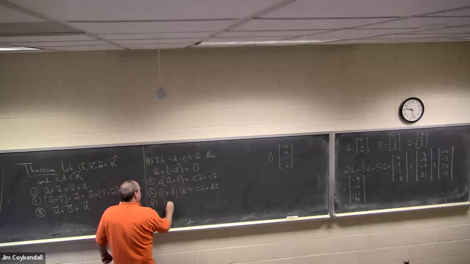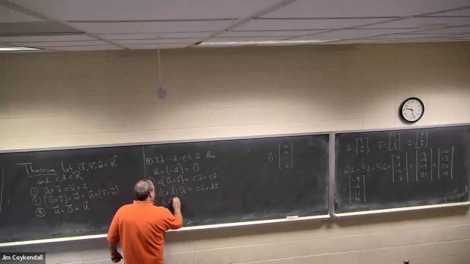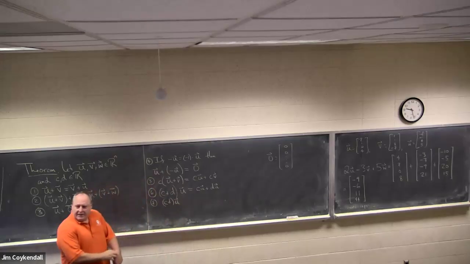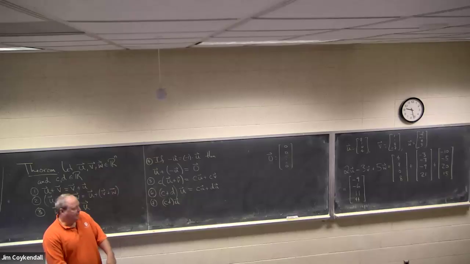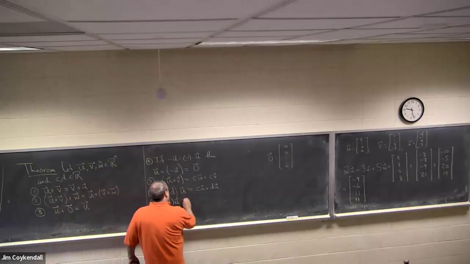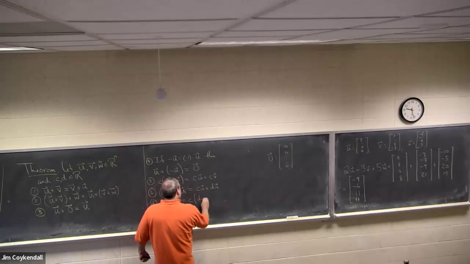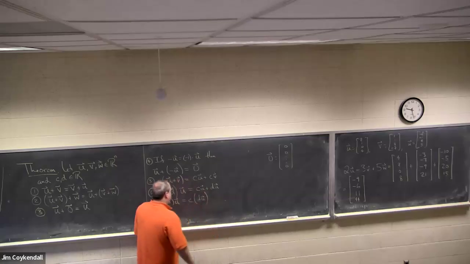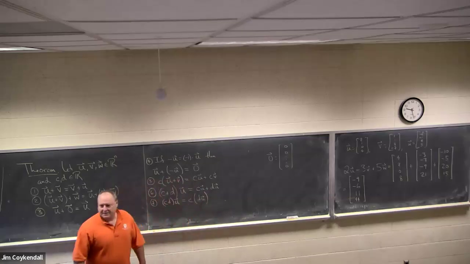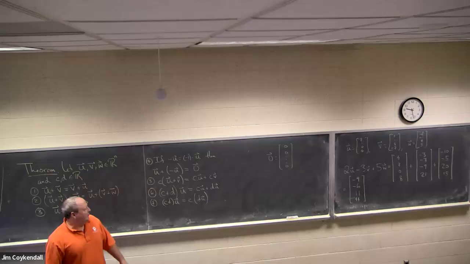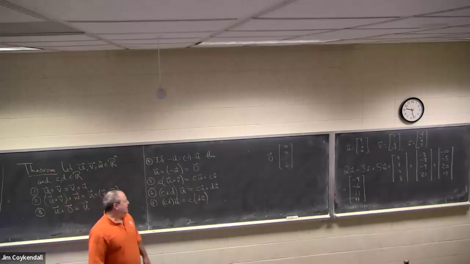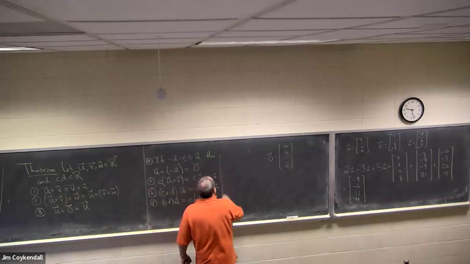Also, I've got sort of an associativity. If I have cd times vector u, this is the same thing as c times the vector du. And finally, this can be proved by our definitions, but in more general structures, you actually kind of need this.